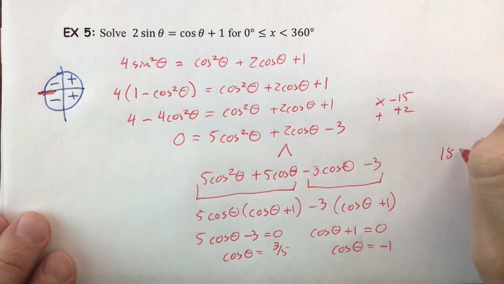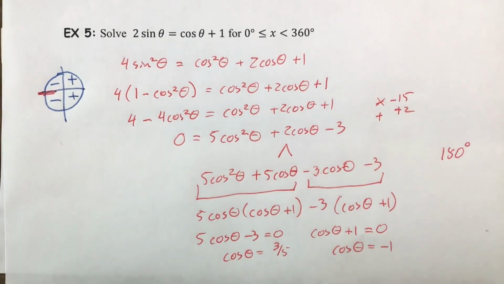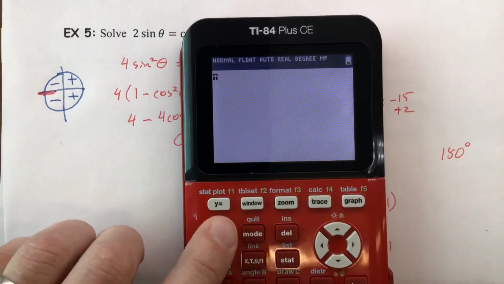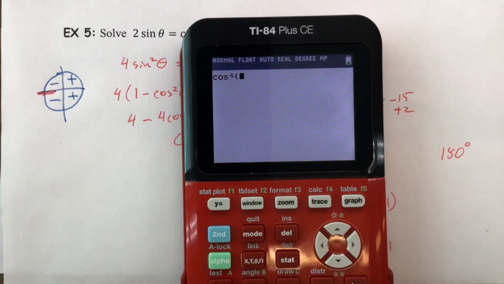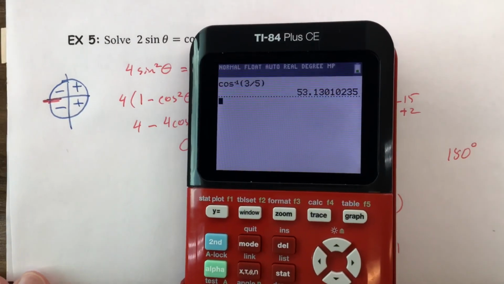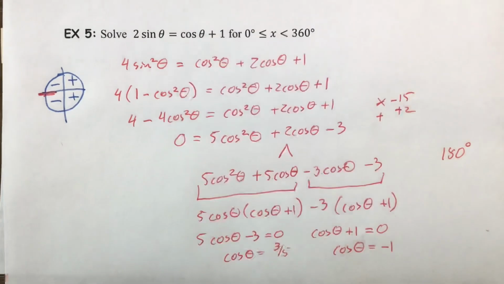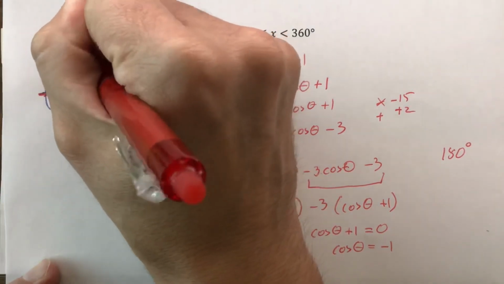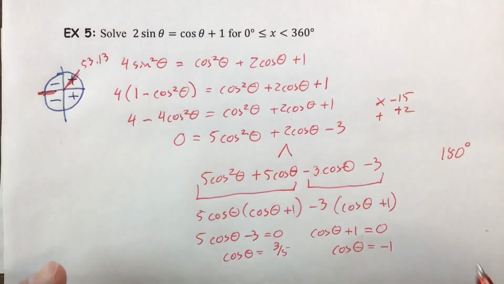So that would be one answer that we get, and you only get one for this. Over here, I'm going to have to do an arc cosine. Set for degrees, arc cosine of 3/5 is going to give me 53.13. So that angle is about here, 53.13, so that'll be an answer.